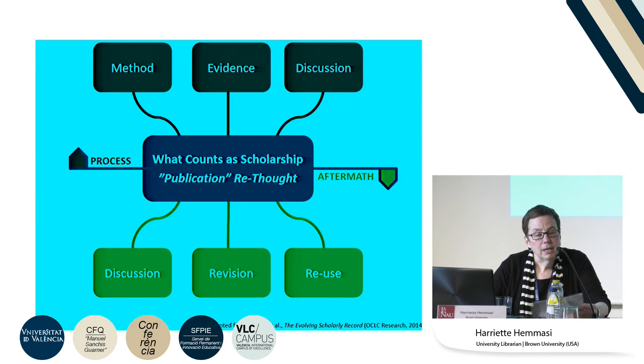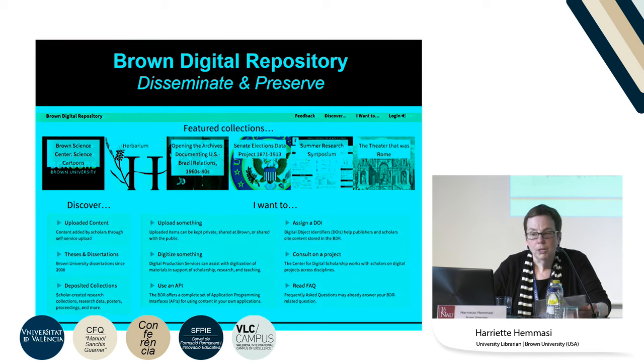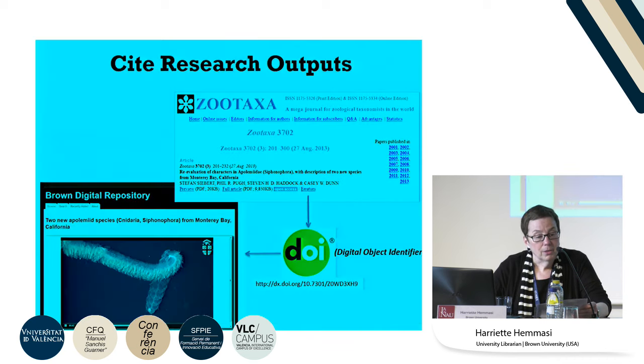As the boundary of what counts as scholarship changes, both before and after publications, one of the most important services developed by the library is the Brown Digital Repository. The repository enables us to cite research projects.